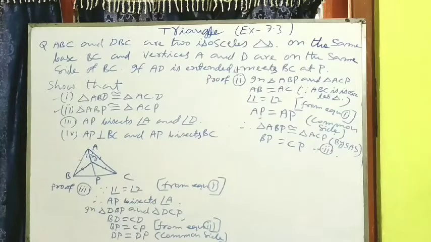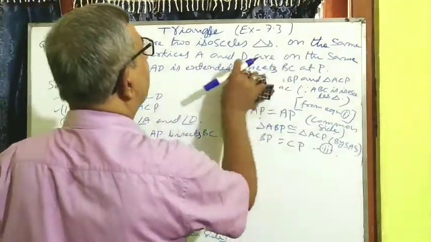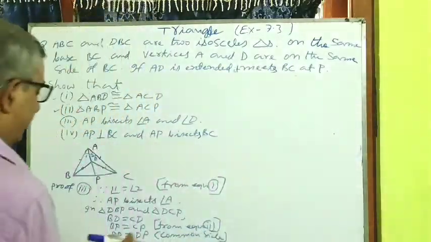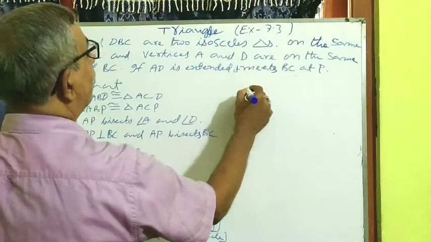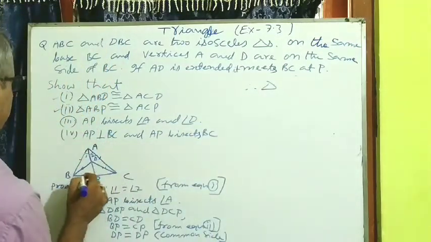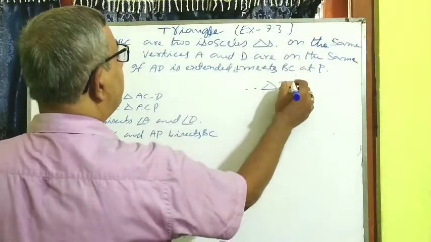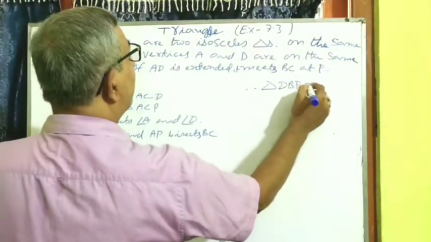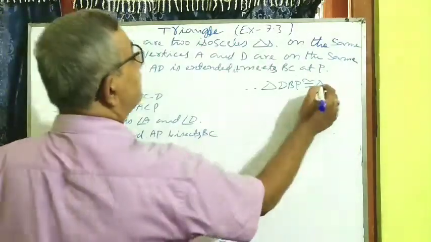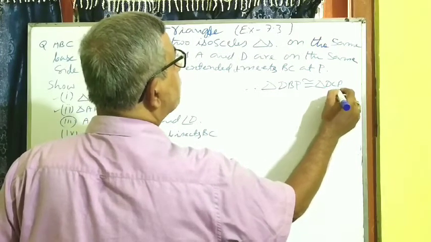Therefore, I am writing here: triangle DBP is congruent to triangle DCP, by which postulate?